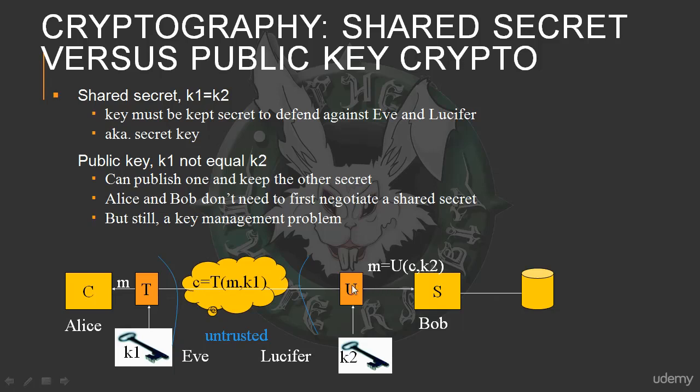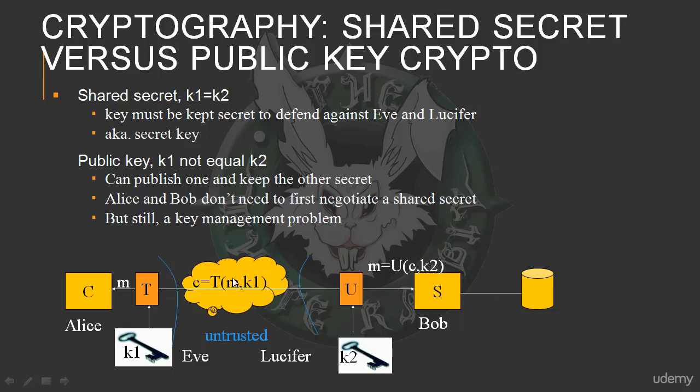So in shared secret cryptography, actually not just in shared secret cryptography, in both shared secret and public key, we can look at this diagram. We have Alice wanting to transmit to Bob the unencrypted message M, which passes through a transformation T, together with the input of a key K1.